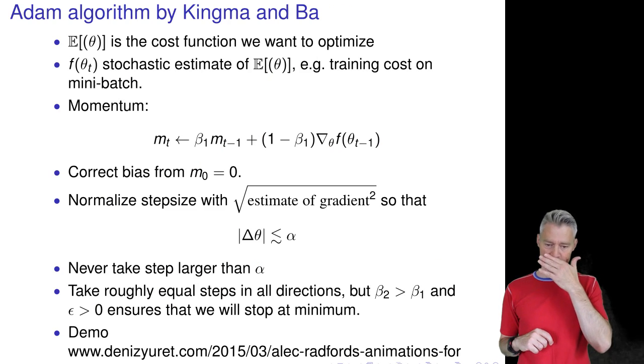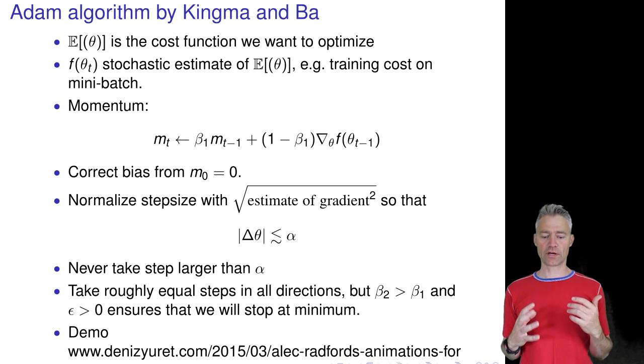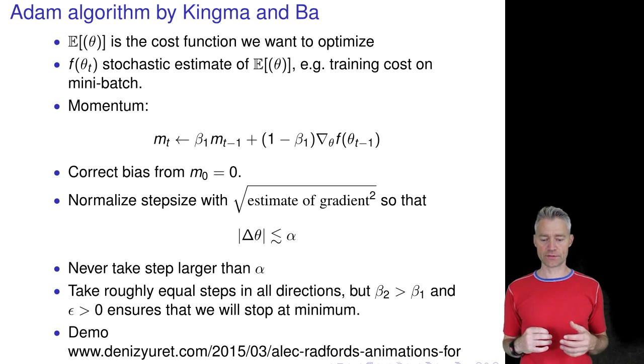And this means that if alpha is now our step size, in this paper they use alpha for what we called eta before, then we can show quite easily that the step we take will never be larger than this alpha.